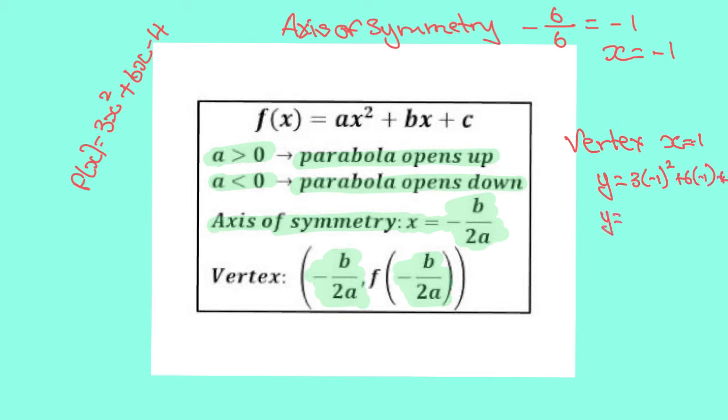So y equals, minus 1 squared is 1, so 3 plus minus 6 minus 4, which is y equals minus 7. So the vertex is at (minus 1, minus 7).